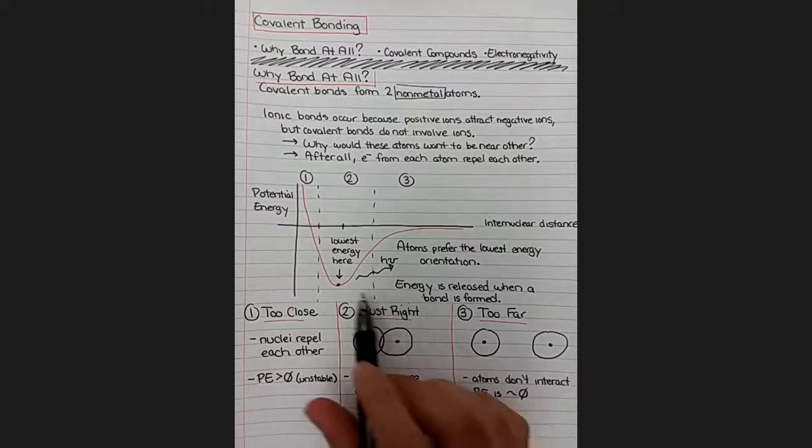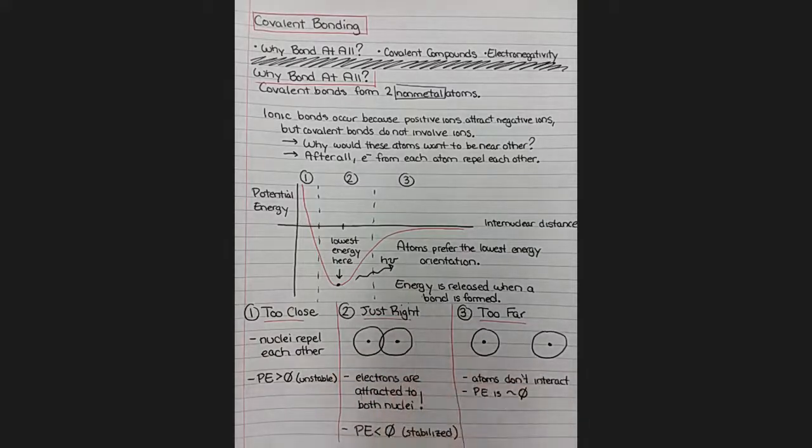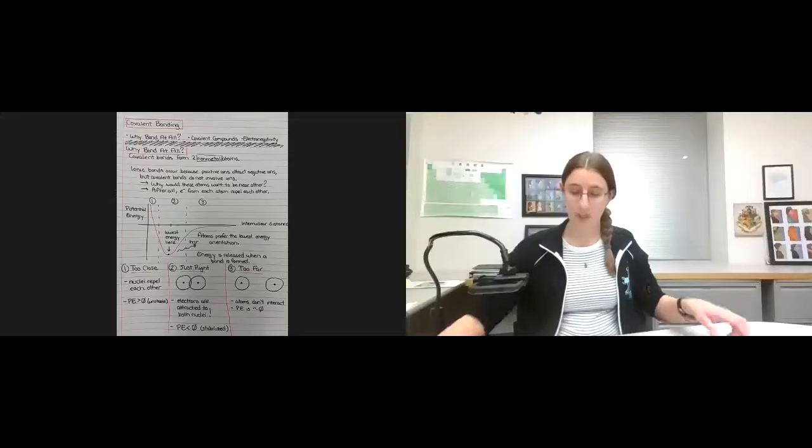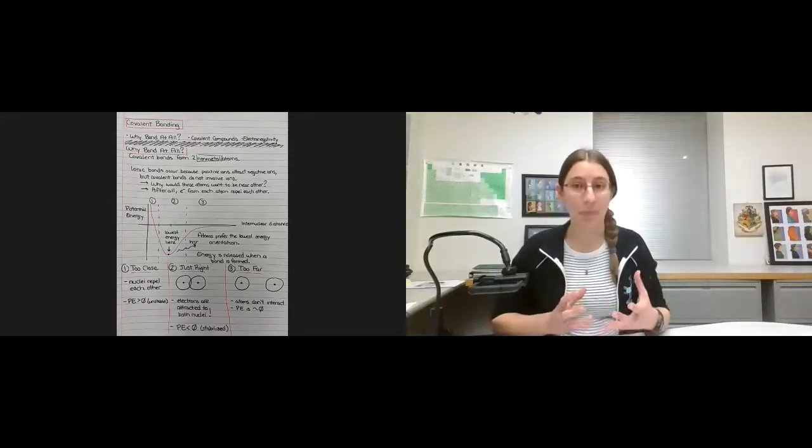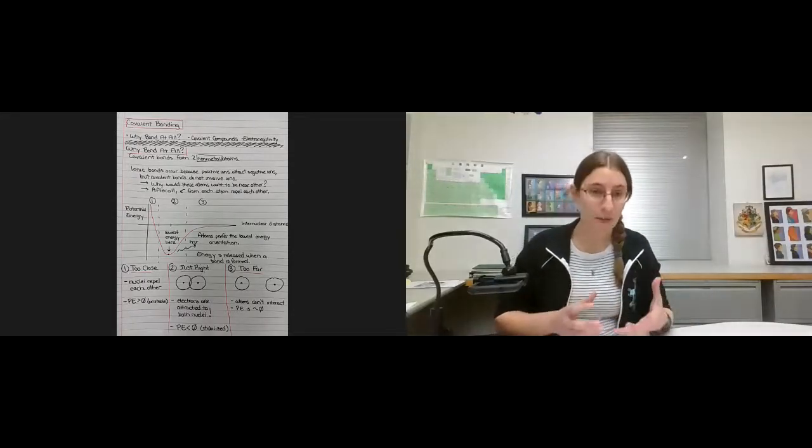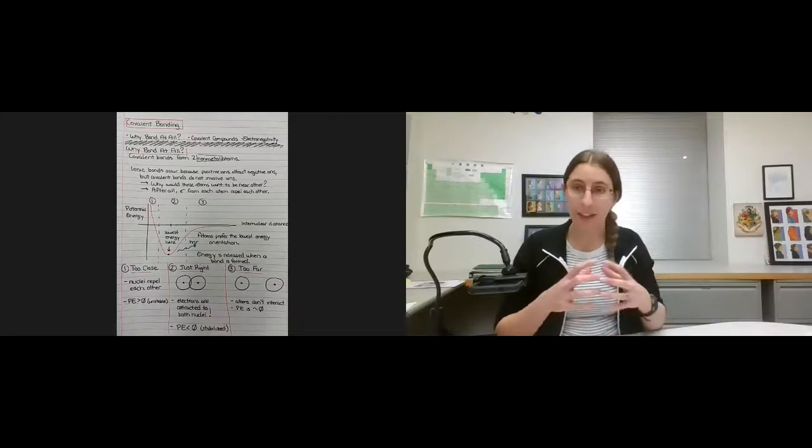So it's a favorable transition and energy is released when a bond is formed. So this is the reason that covalent bonds happen at all, is because it's energetically favorable for those electron clouds to overlap and be able to circle around both of the nuclei.